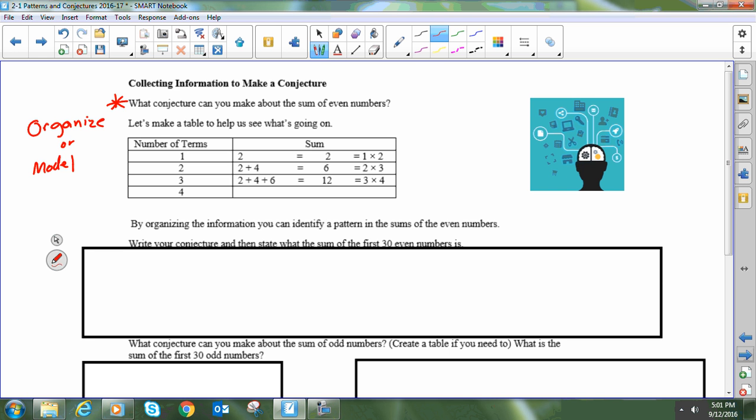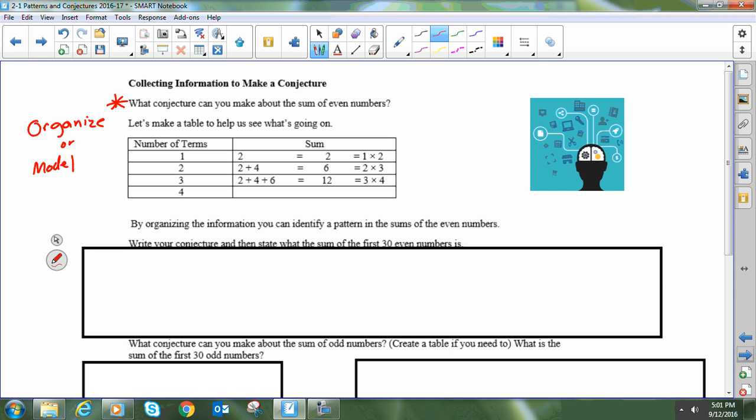So the first term that I have is the first even number, which is 2. Since that's the only even number that I have at that point, I don't have anything to add to it, so the sum of 2 is just 2. Moving on, the next term in the sequence is 2 plus 4.